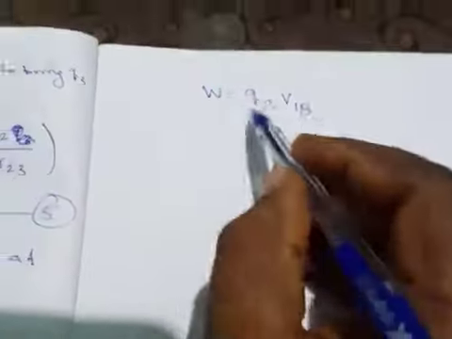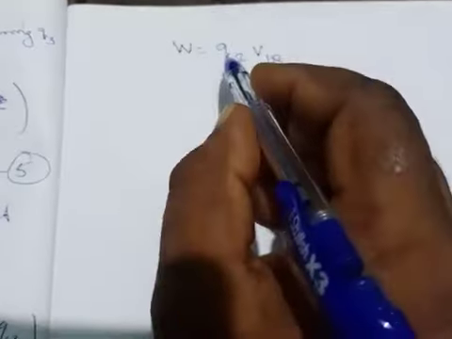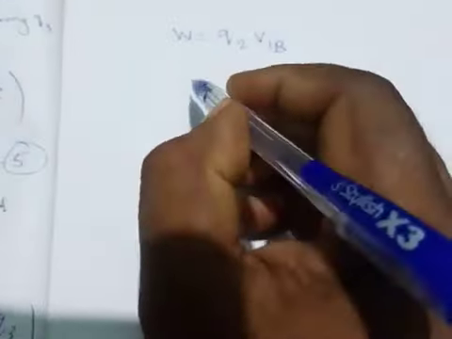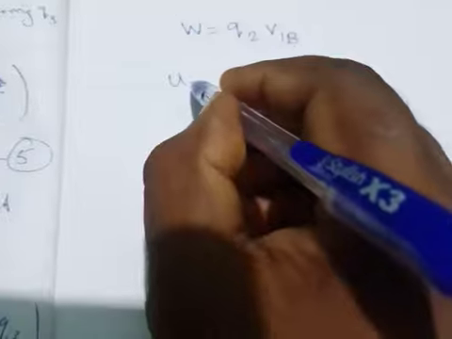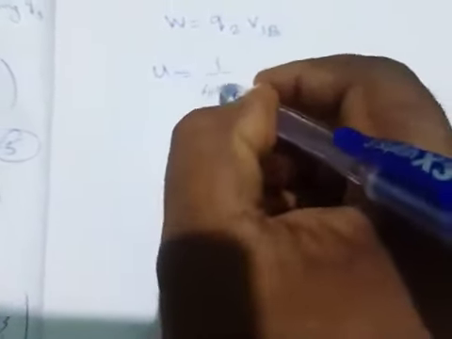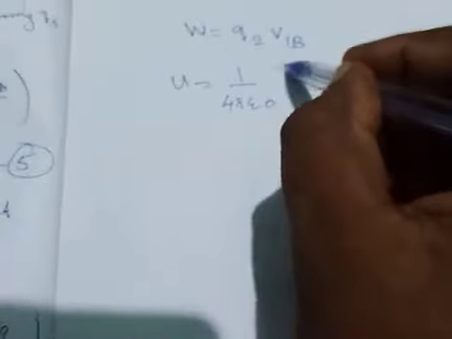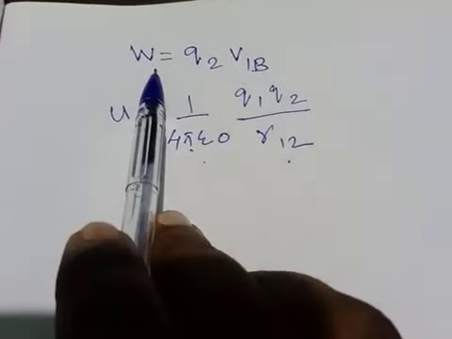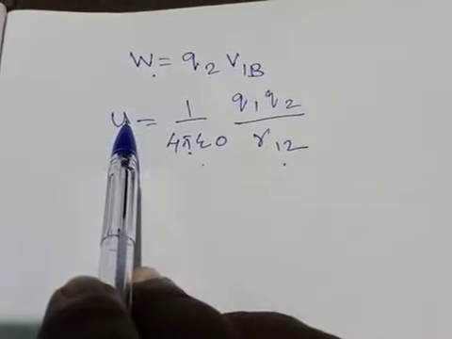So we can write that equation. This is our work done, so we can write the electrostatic potential energy U is equal to 1 by 4 pi epsilon 0 Q1 Q2 by R12. You know how you got this equation? This work done is equal to the electrostatic potential energy.